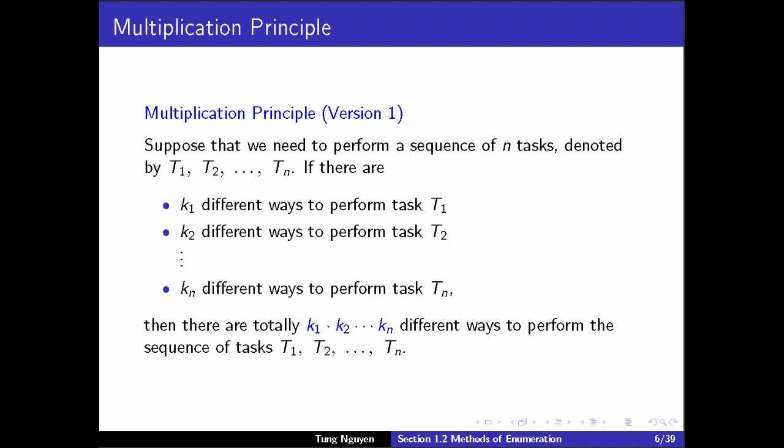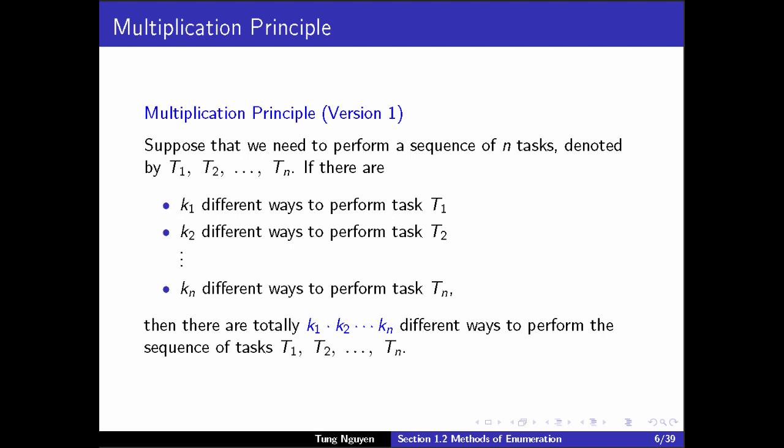So in version 1, the situation is as follows. We need to perform a sequence of n tasks, and those tasks are denoted by T sub 1, T sub 2, all the way to T sub n. Suppose that there are k sub 1 different ways to perform task number 1, k sub 2 different ways to perform task number 2, and so on, and there are k sub n different ways to perform task T sub n.